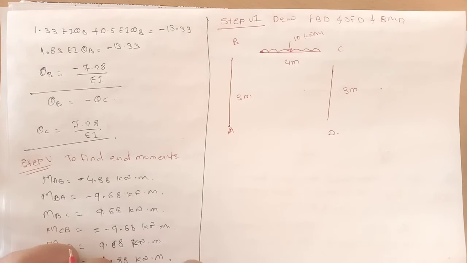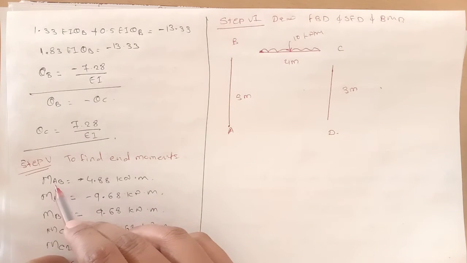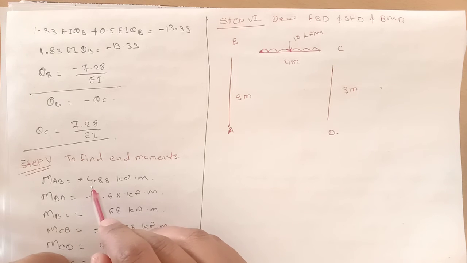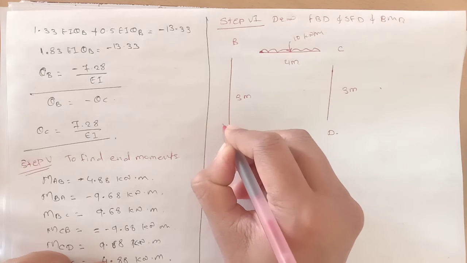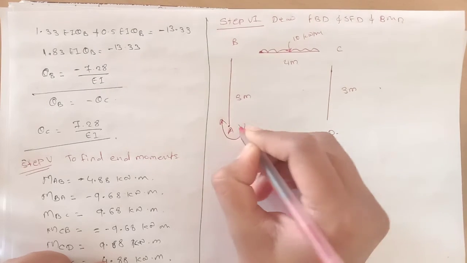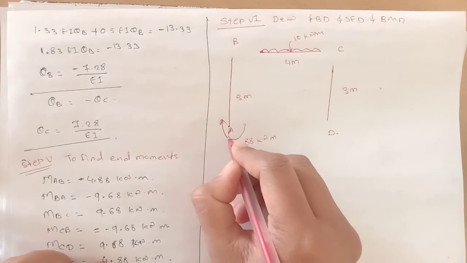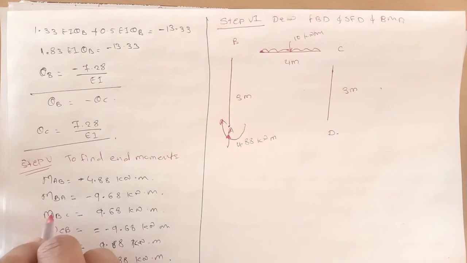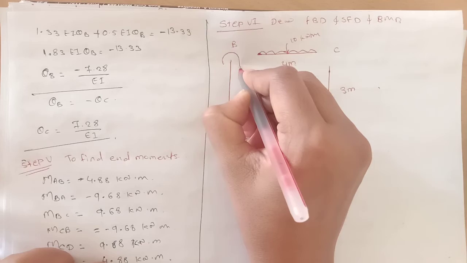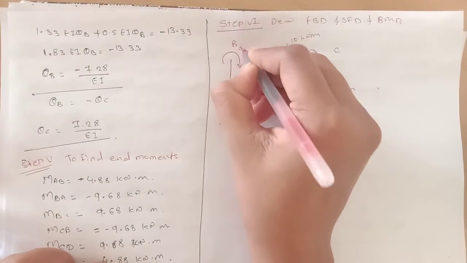Then put end moment values in the free body diagram. First, end moment at member AB is minus 4.88, so we take clockwise direction, 4.88 kilonewton meter. The next, end moment at member BA is positive 9.68.